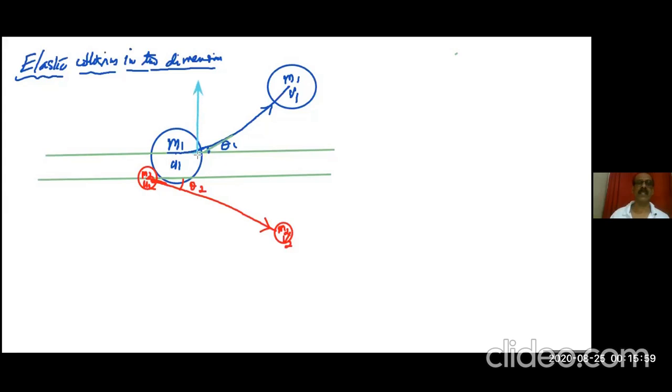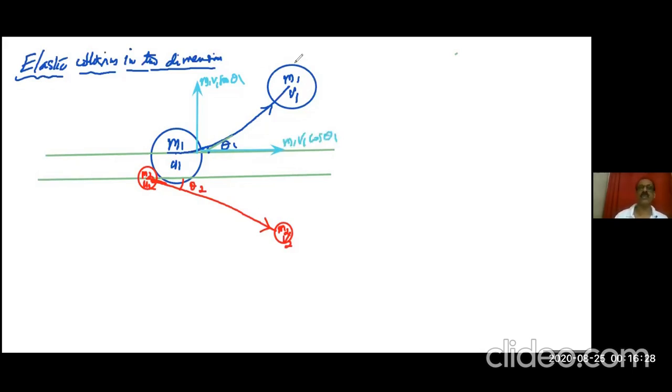Because momentum is a vector, momentum can resolve into 2 components. So this will be M1 V1 sin theta 1. This side will be M1 V1 cos theta 1.